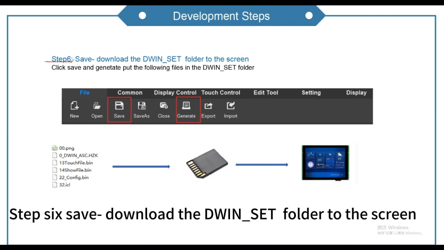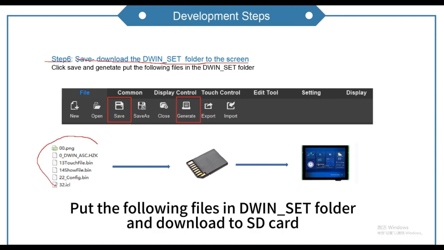Step 6, save. Download the DWIN SCT folder to the screen. Put the following files in the DWIN SCT folder, and download to the SD card.